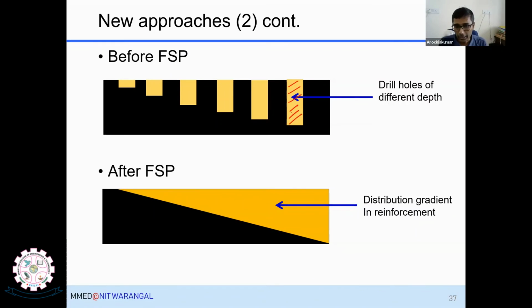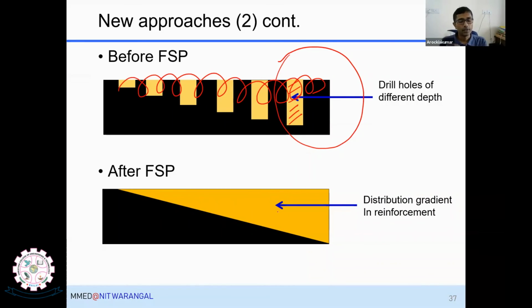And then one simple thing is, you drill different size holes, so you can accommodate more amount of reinforcement particles. Then you do friction stir processing. After you do friction stir processing, this portion will have a lot of reinforcement as compared to this portion. So there is a gradient in the distribution of the particles.